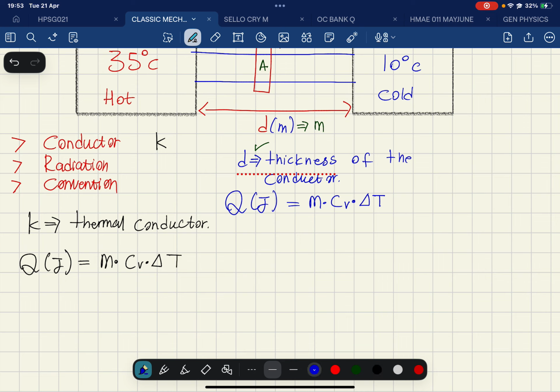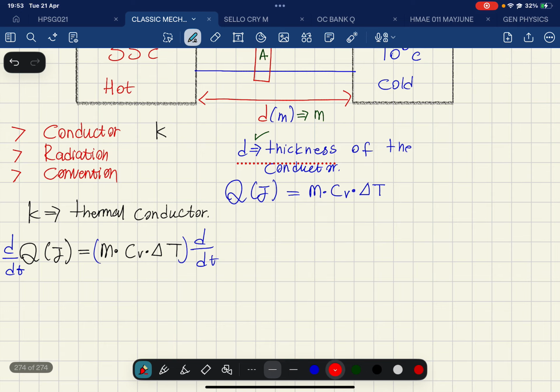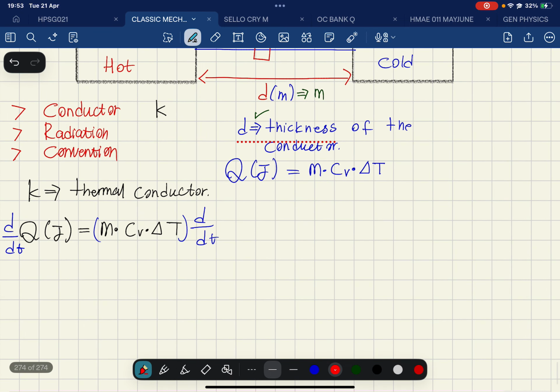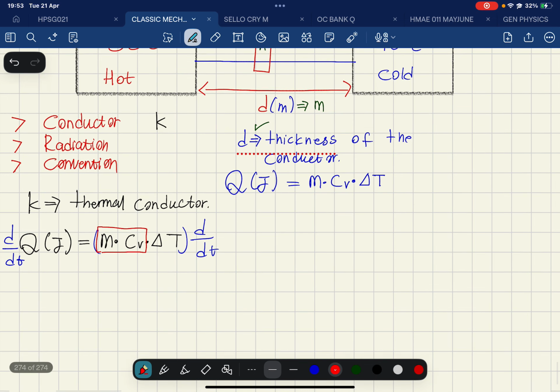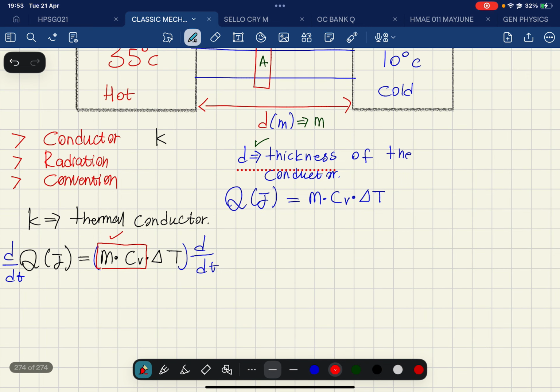We are going to use implicit differentiation here, d over dt. This side I'm also going to multiply by d over dt, because my purpose is to find the rate. If we check very well, when we are transferring the heat, the mass does not change, and the specific heat capacity of that material does not change. Only the temperature is changing.